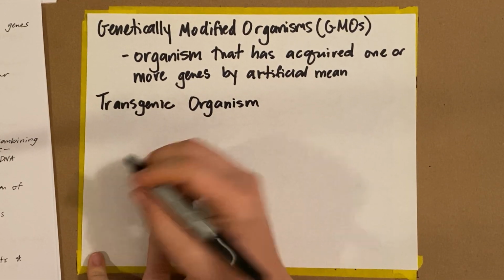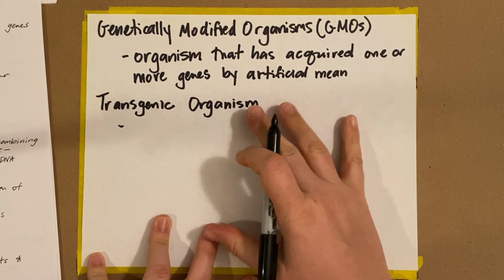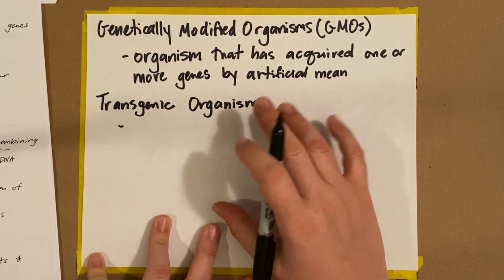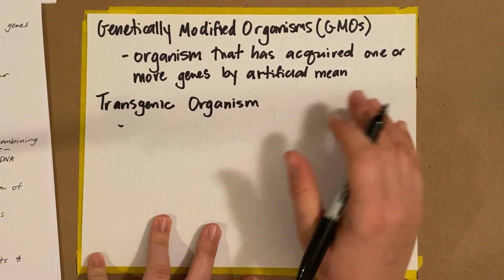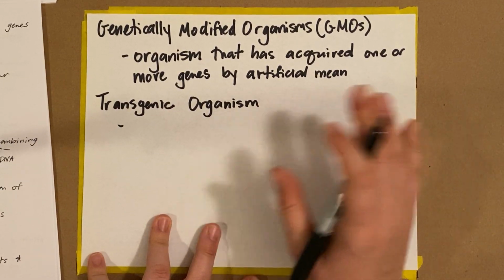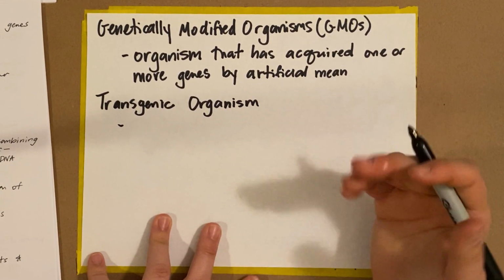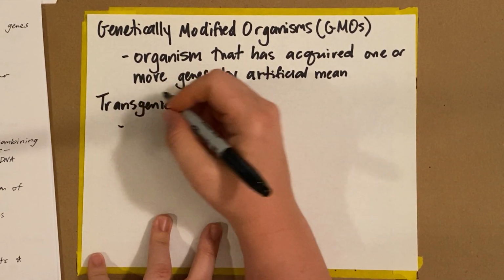Okay, and so if the genes that have been acquired within an organism are from another species or more than one species, they're considered transgenic. Okay, so I'll write this down.